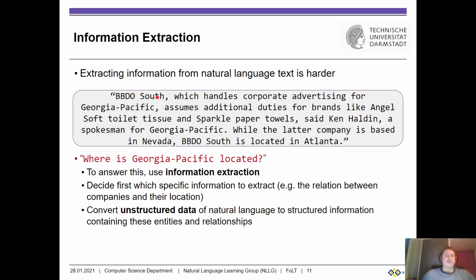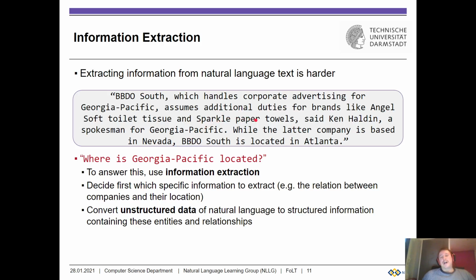So we have BBDO South, Georgia Pacific, Angel Soft toilet tissue, Sparkle paper towels, Ken Heldon. So these are different entities in the text, which make it hard to associate the individual locations such as Nevada and Atlanta with the different entities that we have in the text.